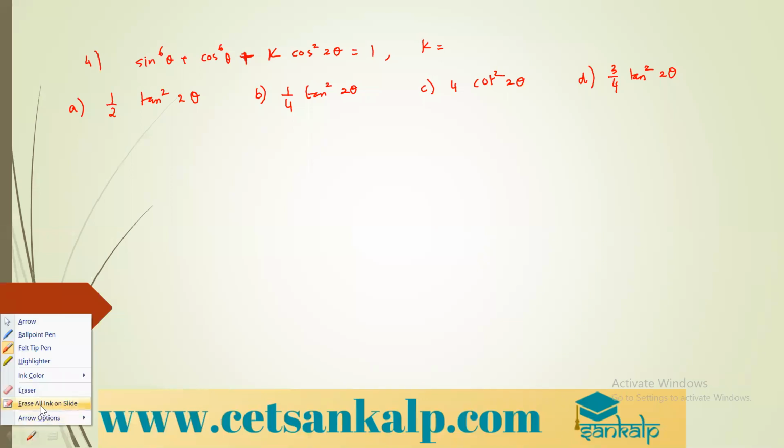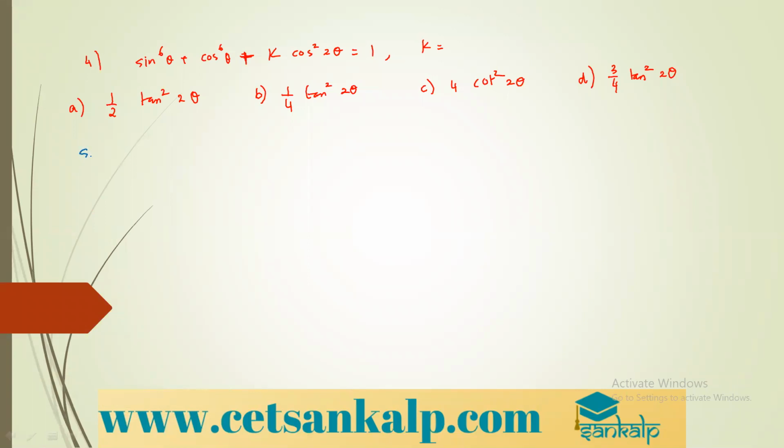So in order to find the answer for this, I will start with what is given. Sine power 6 theta plus cos power 6 theta plus k cos square 2 theta is given as 1. Now I will write this as sine square theta whole cube plus cos square theta whole cube plus k cos square 2 theta equal to 1.